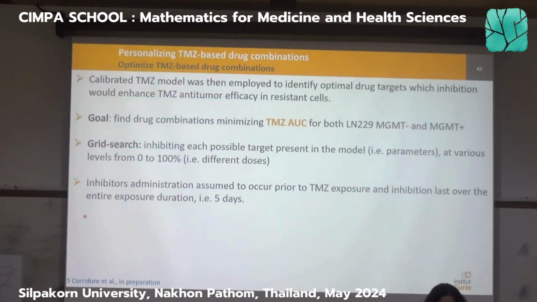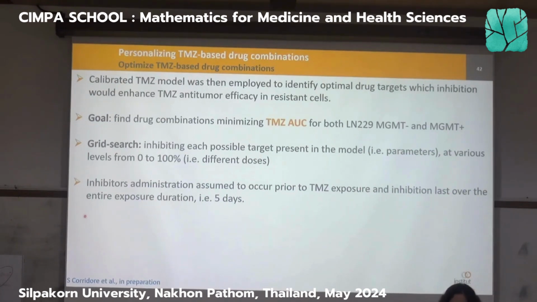Okay, now let's go to the optimization. So the idea is that you have the calibrated model, and remember that the regressor is really hard to treat. So the idea is to use this mathematical model to design new drug combinations that will help temozolomide to kill the resistant cells.